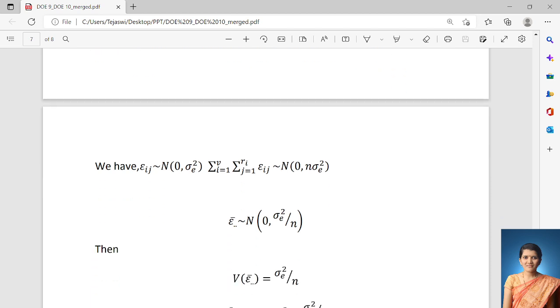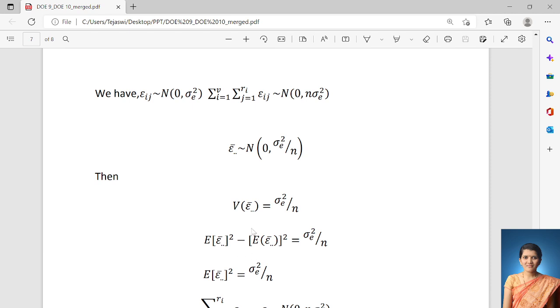What is the formula of variance? It is the expectation of the variable minus the expectation of the mean, whole square, and we know this mean is 0. So the expectation of epsilon double dot bar square is sigma square by n.